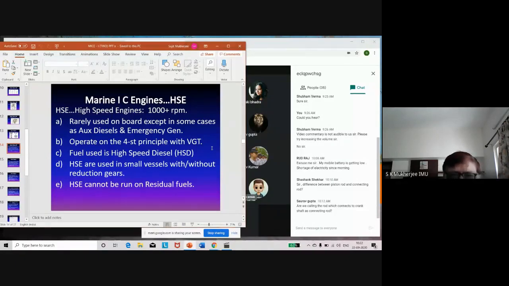To combat this situation, especially under part load conditions, or to improve the acceleration of the engine, we have what is called variable geometry turbocharging. When the engine is running at part load, it is not getting enough air because, as I explained to you, the exhaust gases are emerging at a slower speed. All right.